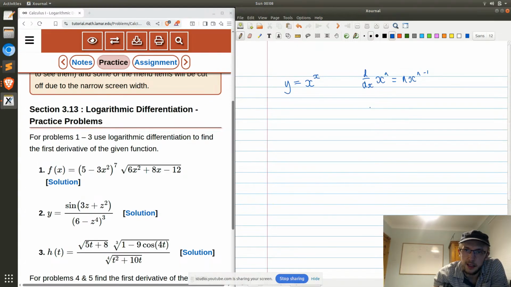That's what I get for that. And that's what I get for that. But I can't do it for this, right? So I think what I have to do is, if I remember, it's something like you take logs of both sides. And then that x can come down to the front.